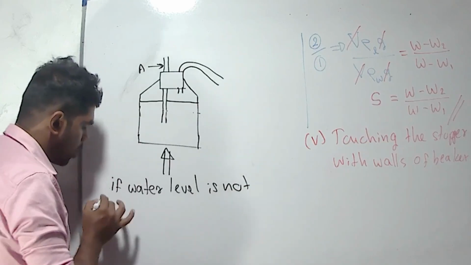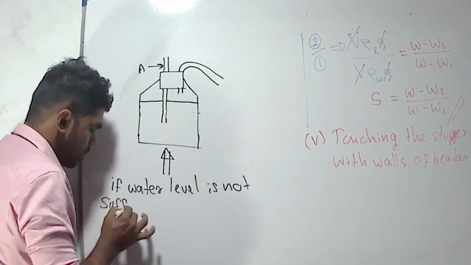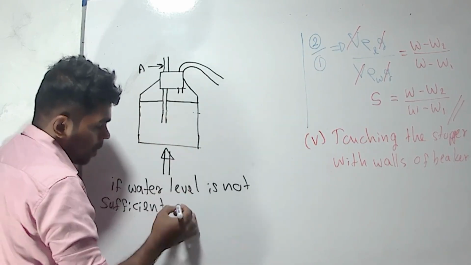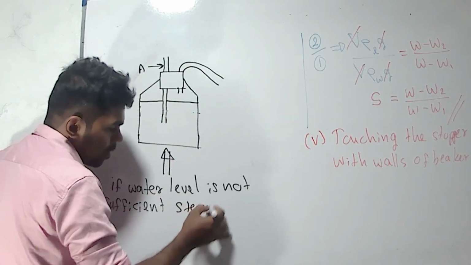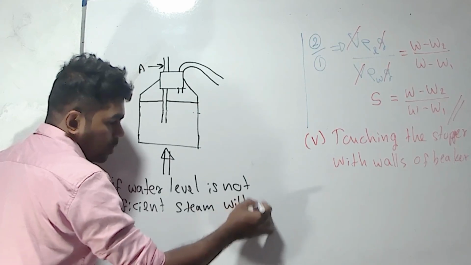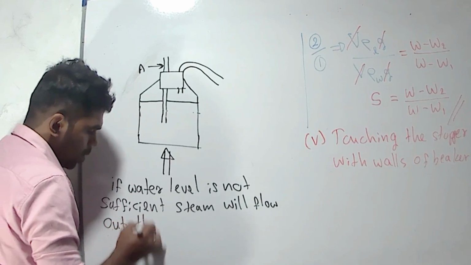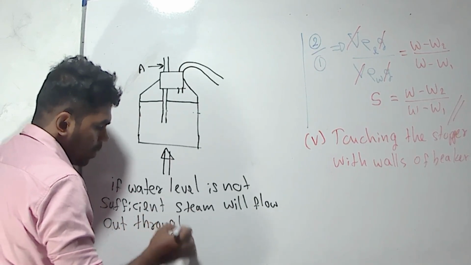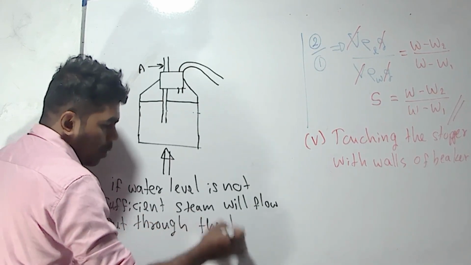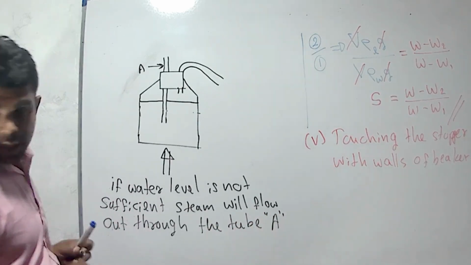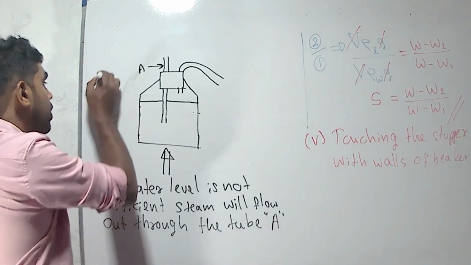If the water level is not sufficient, steam will flow out through the tube A. It is the answer for part A1.